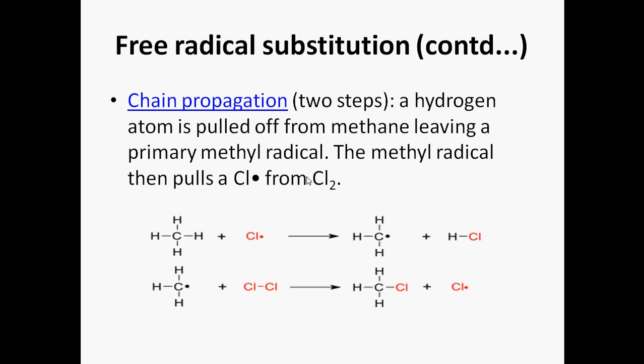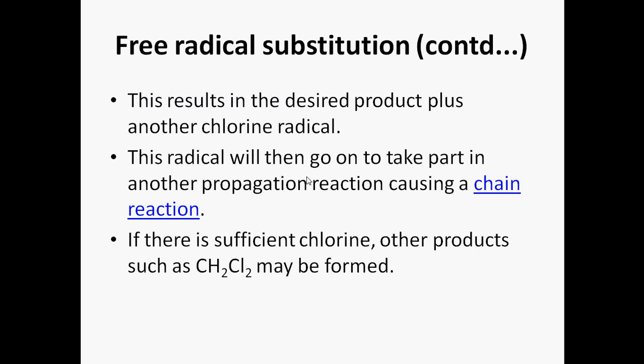Chain propagation step. In the chain propagation step, more free radicals are formed. That is, methane reacts with the free radical of chlorine, and it forms the free radical of methane. And in this way, different free radicals are formed.